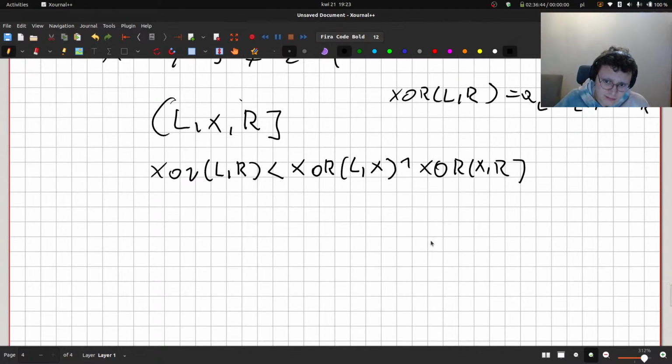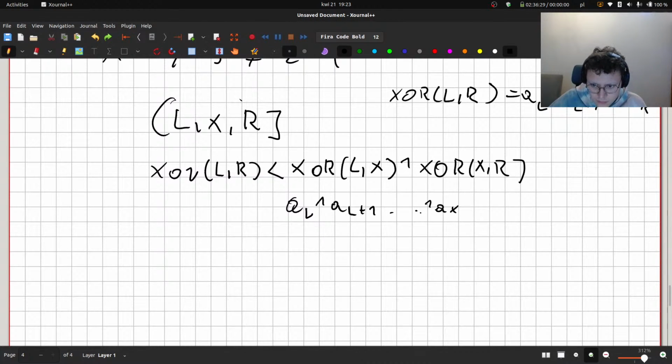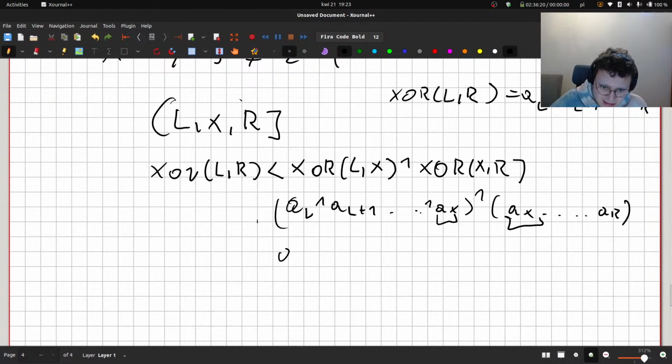We can notice that the only thing that appears twice is A from X. So basically it's just the XOR of all numbers from L to R, but without AX.